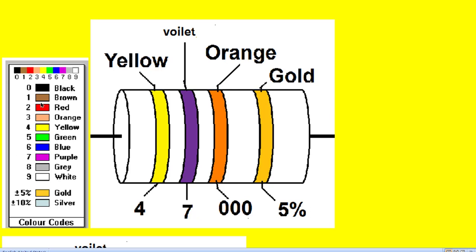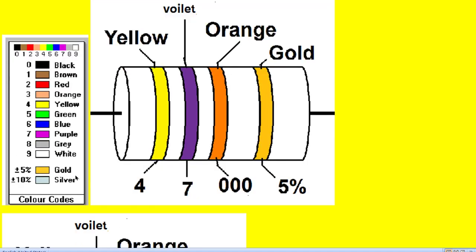For each color there is a numbering like this: 0, 1, 2, 3, 4, 5, 6, 7, 8, 9. So 0 means black, 1 means brown, 2 means red, 3 means orange, 4 means yellow, green means 5, blue means 6, purple or violet means 7, grey means 8, white means 9.